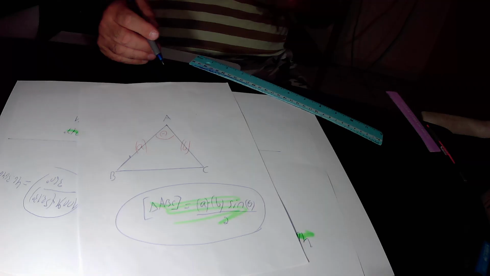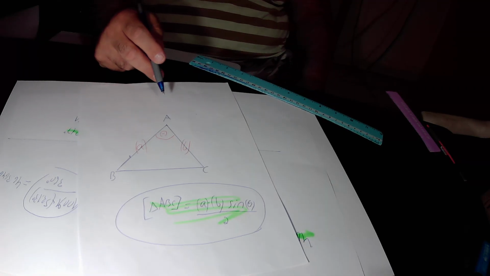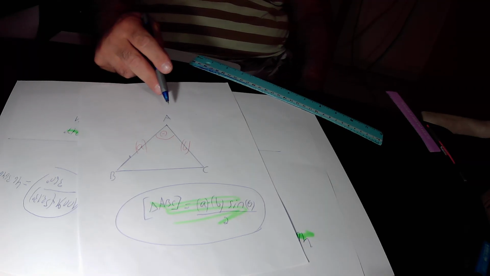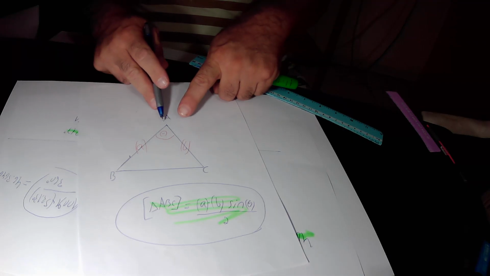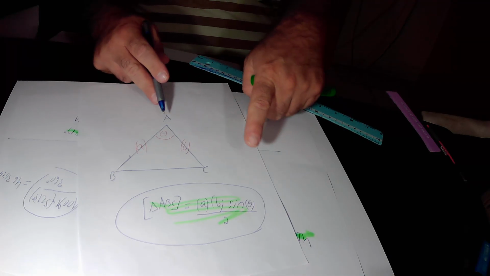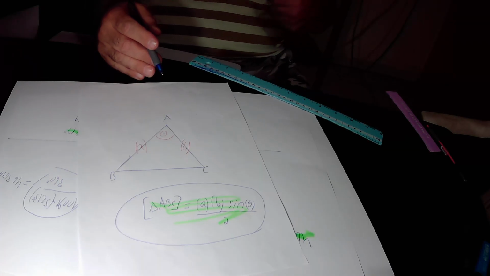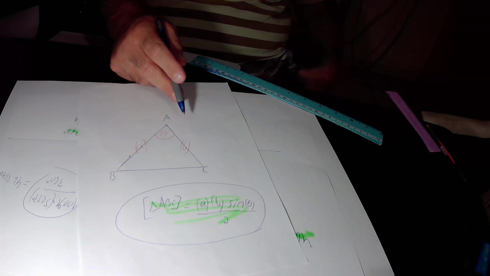According to the new formula, the area of triangle ABC equals a times b, the multiplication of two sides, times sine of the angle between the two sides, sine theta, divided by 2.